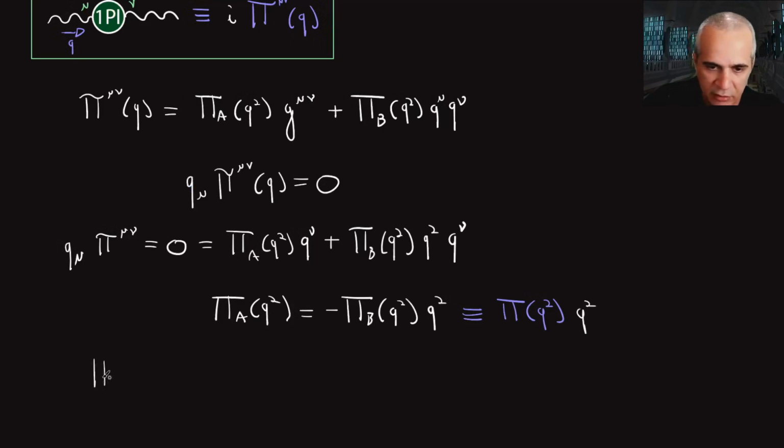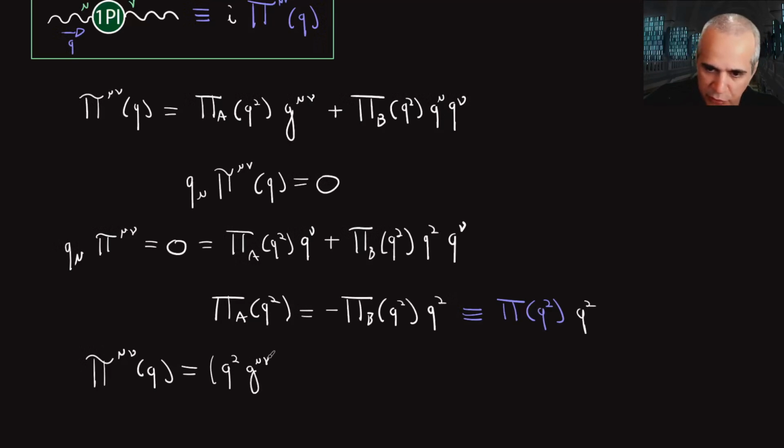a constrained form, let's say, for pi mu nu, which is the most general one allowed for QED, which has this symmetry implemented by the Ward identities here.